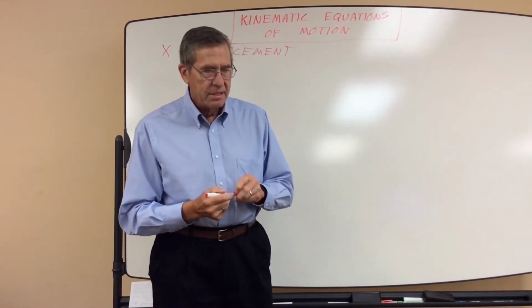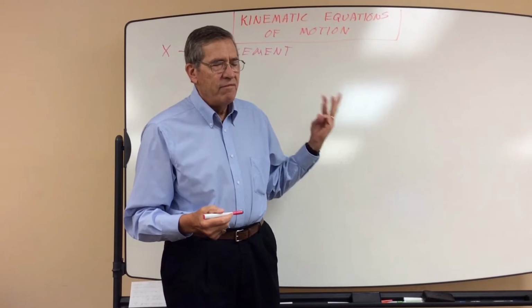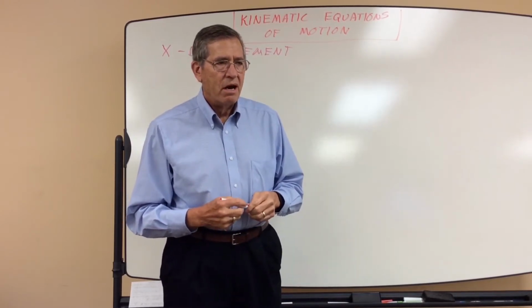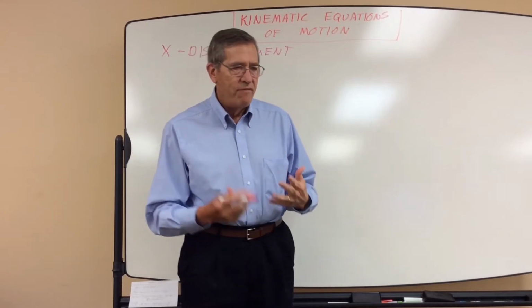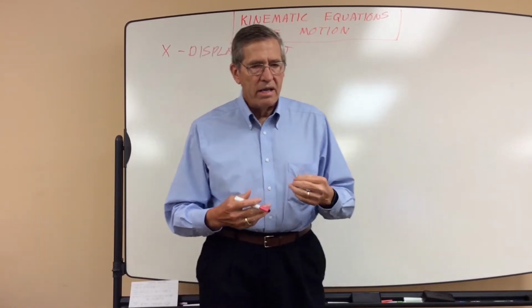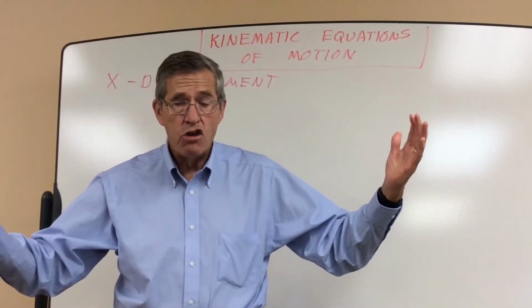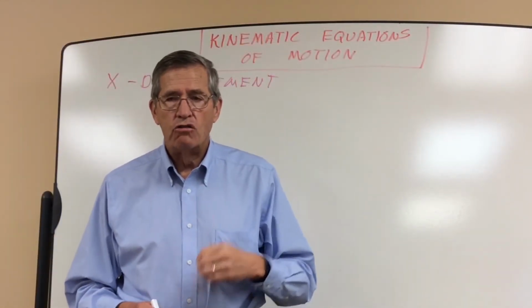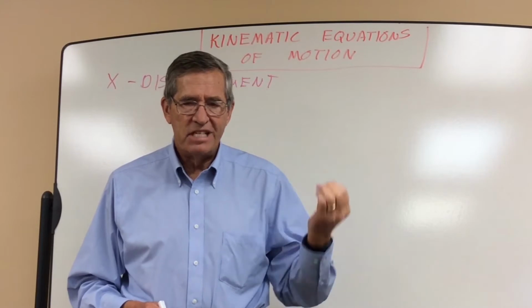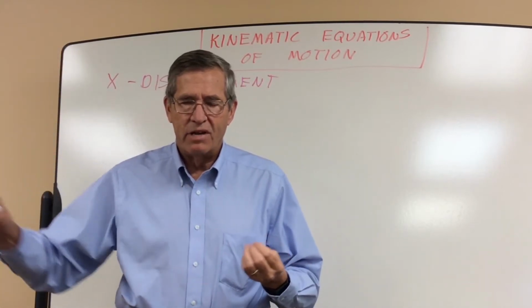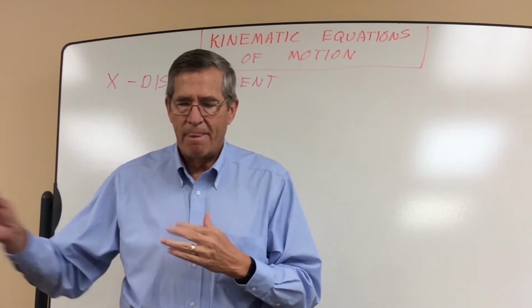The reason is that three of these quantities that we're going to define for motion are vector quantities, and a vector is a quantity that has both magnitude, how far you have gone, but also direction, like going from Zanesville to Columbus. Going on Interstate 70 means you're pointing west.